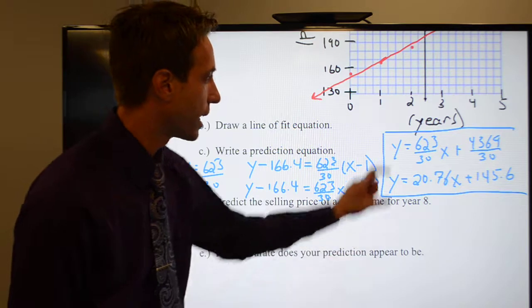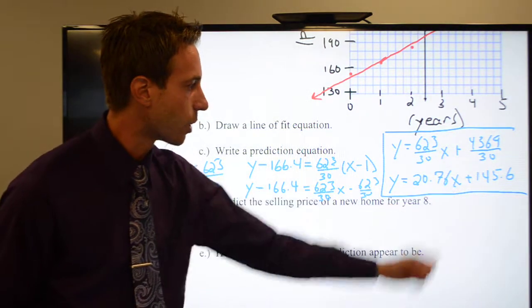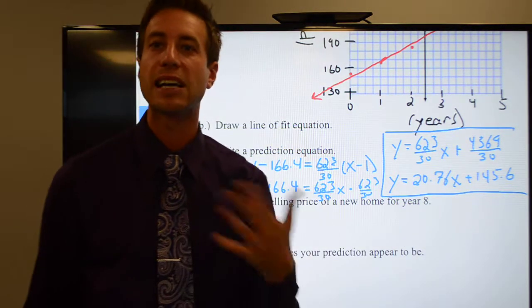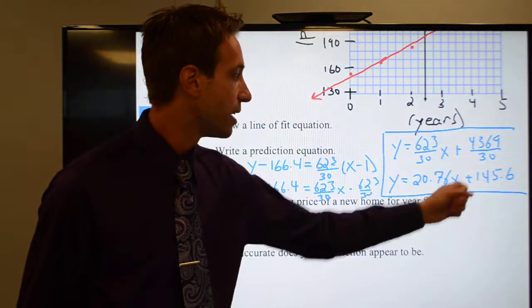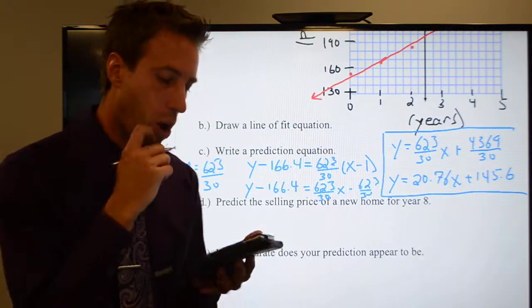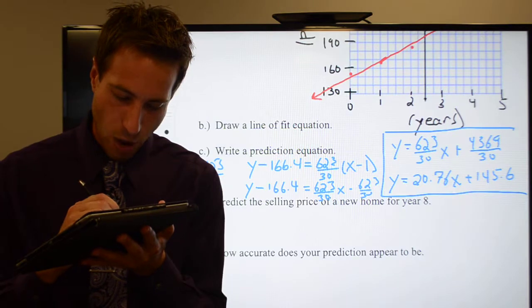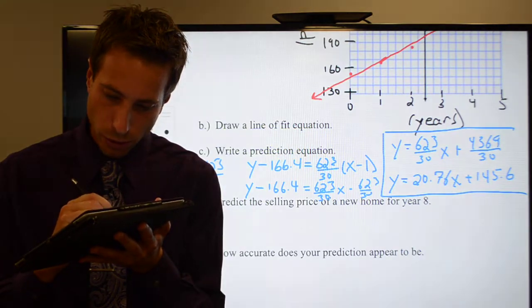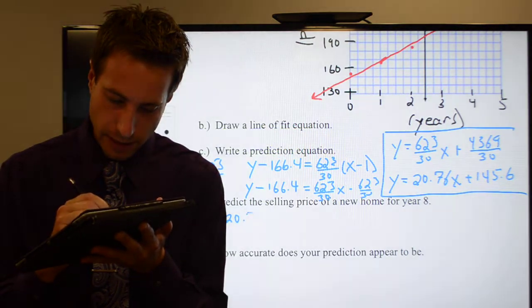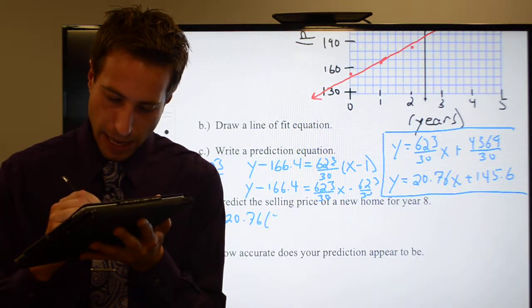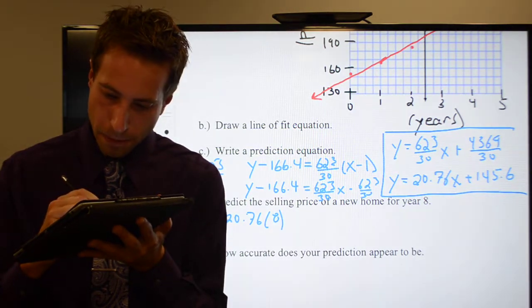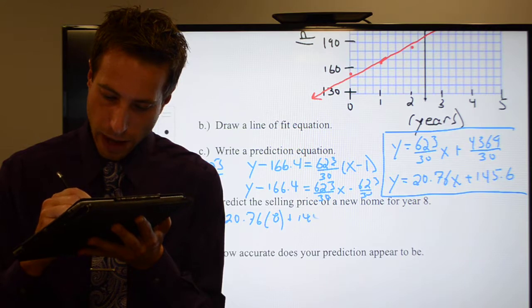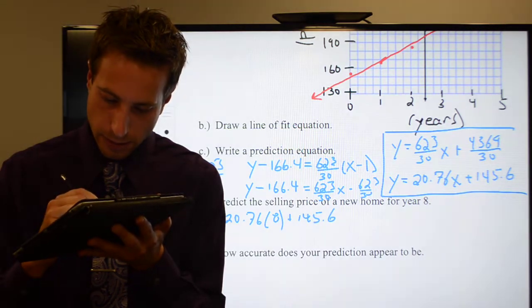All we're going to do is take my prediction equation, I'll use this one, and plug the year 8 in for x. We'll solve for y. So y is equal to 20.76 multiplied by 8, I want year 8, plus 145.6.